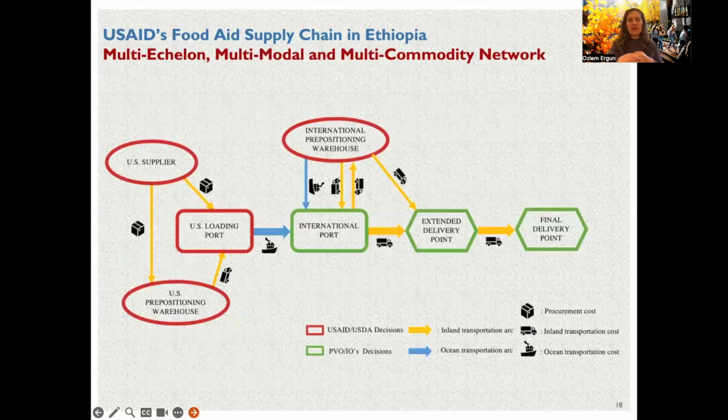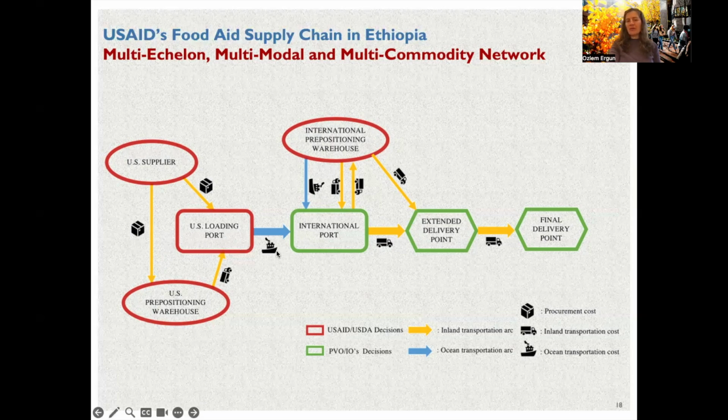So just to get a little bit more in depth into USAID's food aid network, you can just look at this picture. Basically all the commodities are procured from the US suppliers, and from there on, the commodities are either sent to a loading port in the US to be shipped across the globe, or they might also go into a prepositioning warehouse in the US.